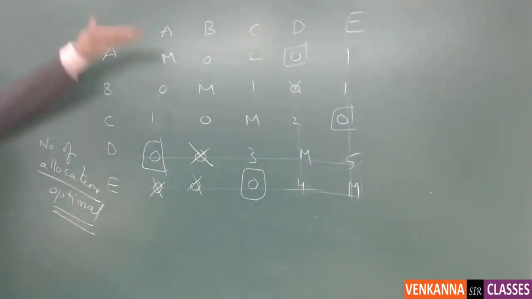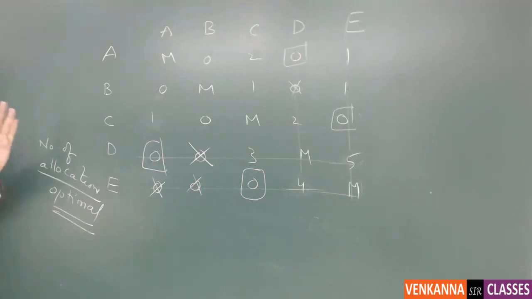Now you go for the reallocation again, and tell me whether you got exactly 5 allocations or not. Then the problem is done. You have made the assignment. That's it.